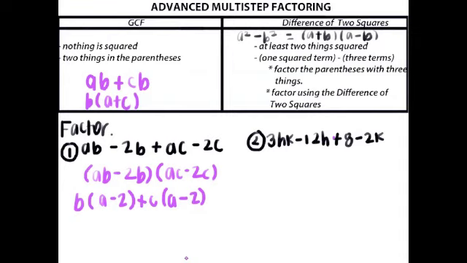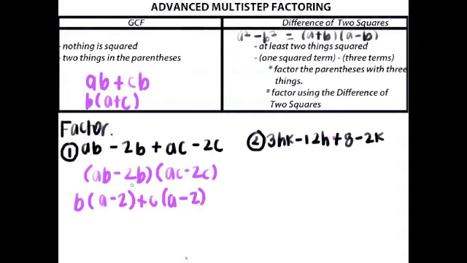The reason I want to pull out that plus C is so that I remind myself it's positive, because, like what we did yesterday, we're going to have to use this sign in front of C when we pull out the GCF. So now, we got lucky, we grouped them correctly. We know we grouped them correctly because the parentheses are exactly the same, so we don't have to go back and try again.